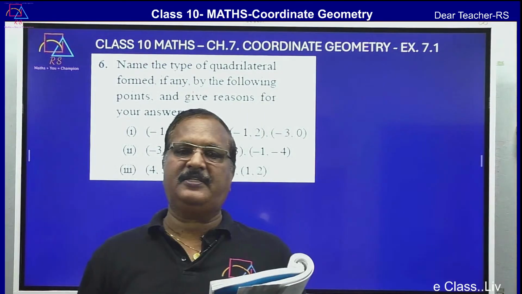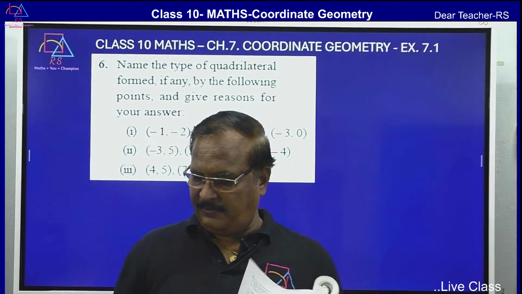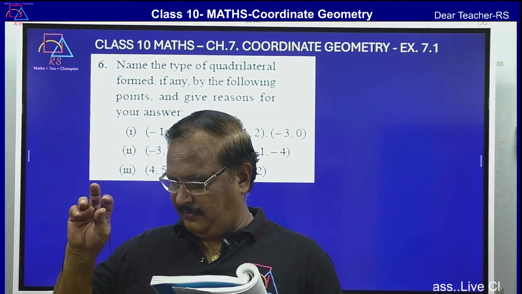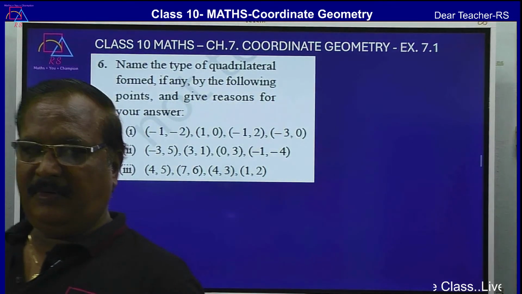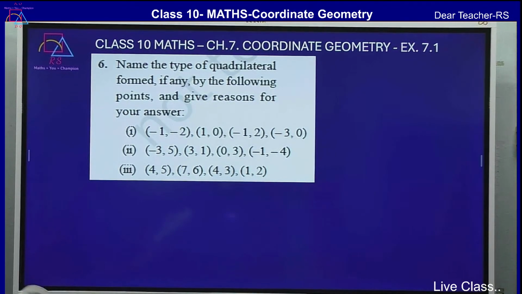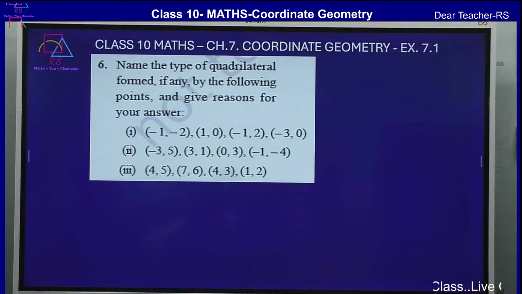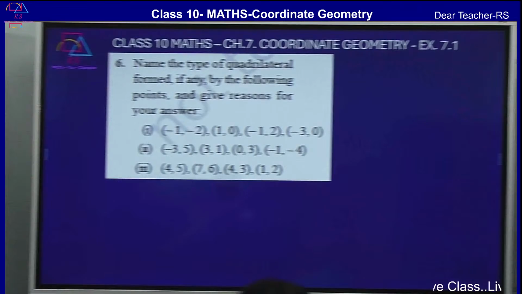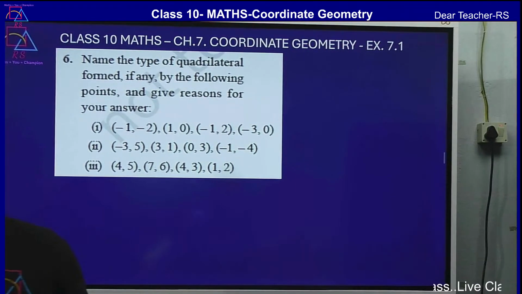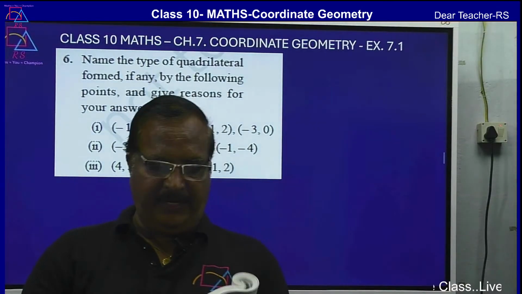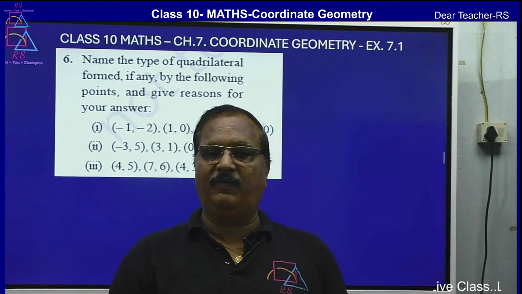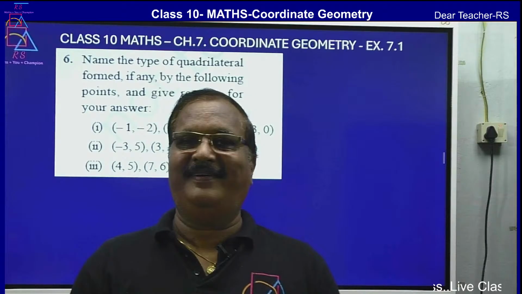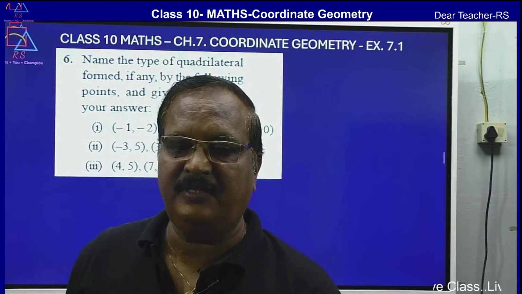I told you in 7.1 only one formula is there, that is the distance formula. Using the distance formula you can find out which type of quadrilateral it is. So let me do it on the board.